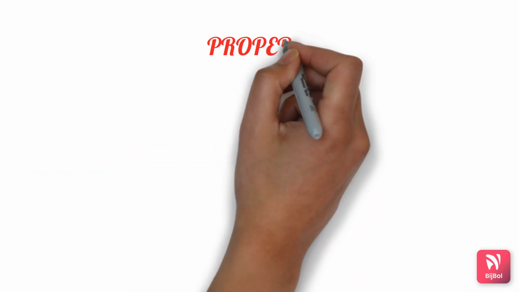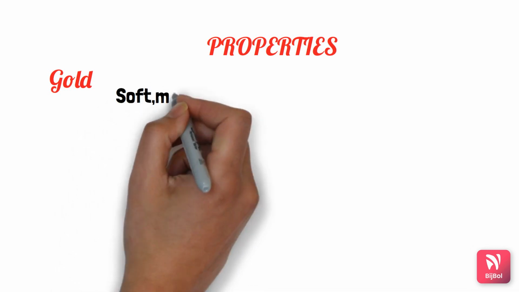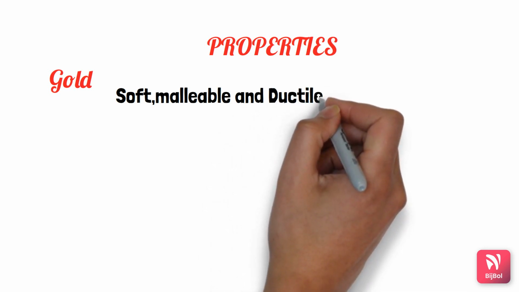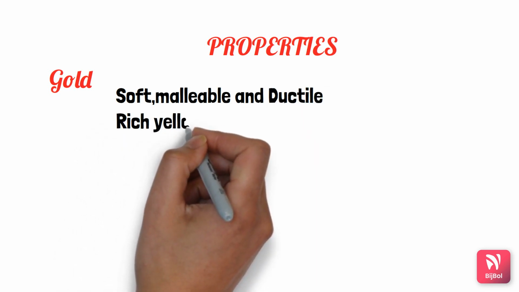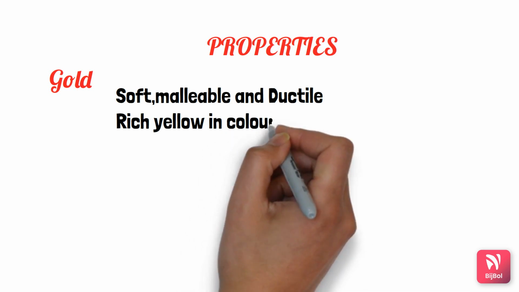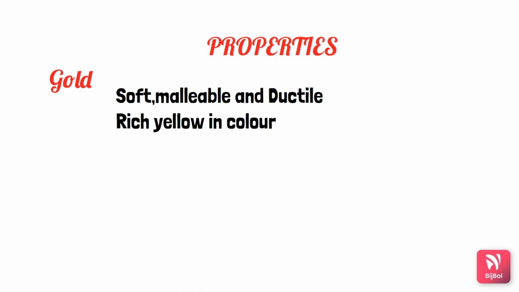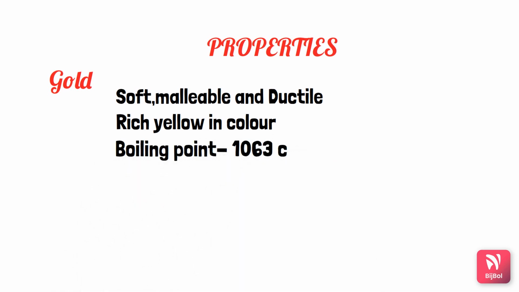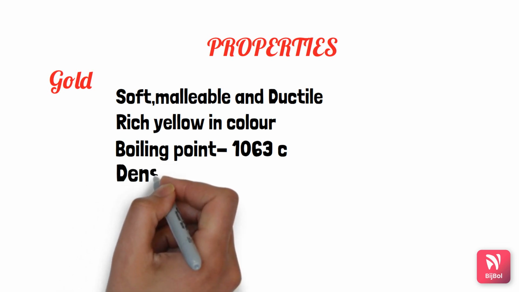If we see the properties of gold, it is soft, malleable and ductile, as it does not oxidize under normal atmospheric conditions, and it is rich yellow in color and has a strong metallic luster, with a melting point of 1063 degrees centigrade and a density of 19 grams per cubic centimeter.